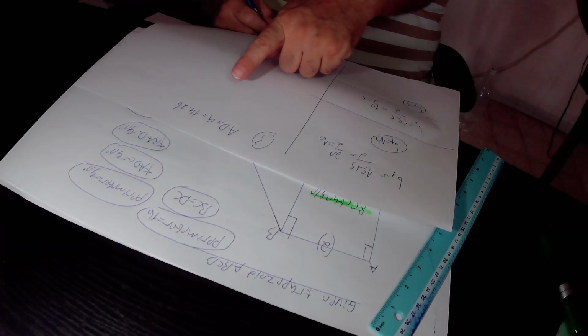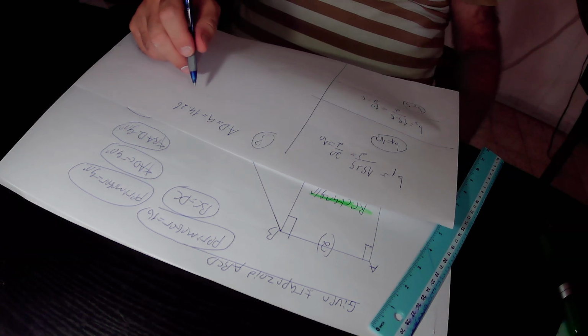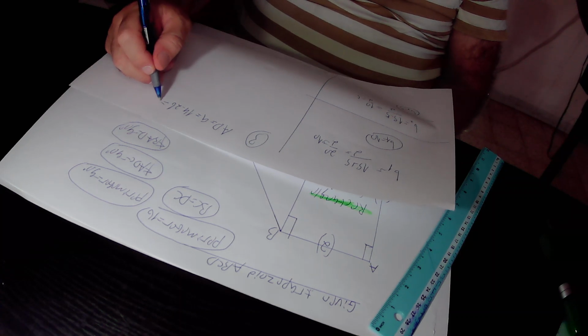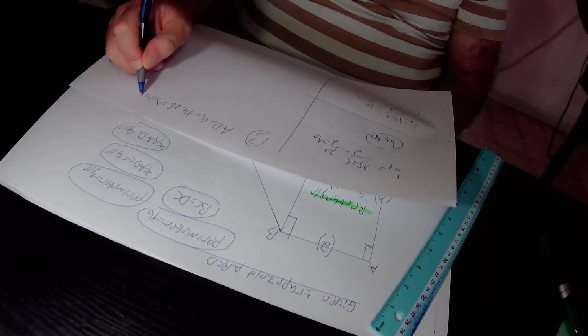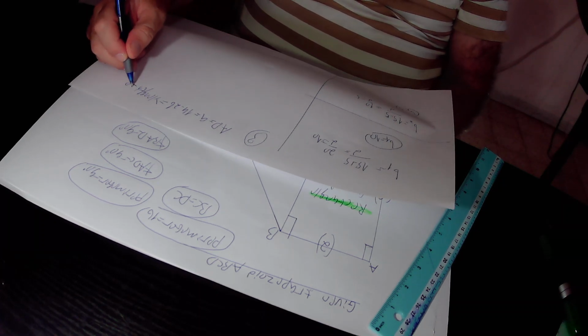So again, AD is a length, and therefore it must be a positive number.